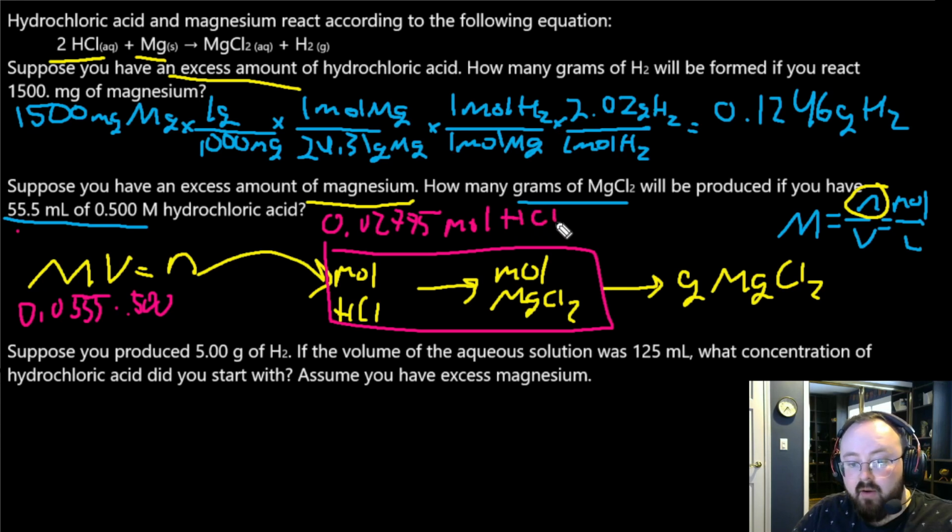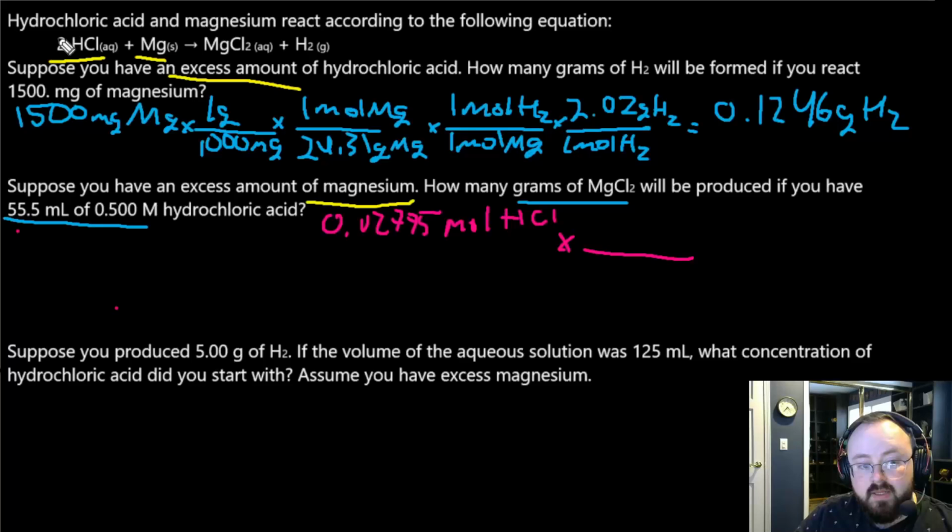And so now, this becomes like one of those two-step equations from before. Where now that I have my starting moles of HCl, I just have to fill in the rest of the equation. It's going to look a little bit something like this. This is our coefficient step, which we're using our coefficients up there. So we have 2 moles of HCl for every 1 mole of MgCl2.